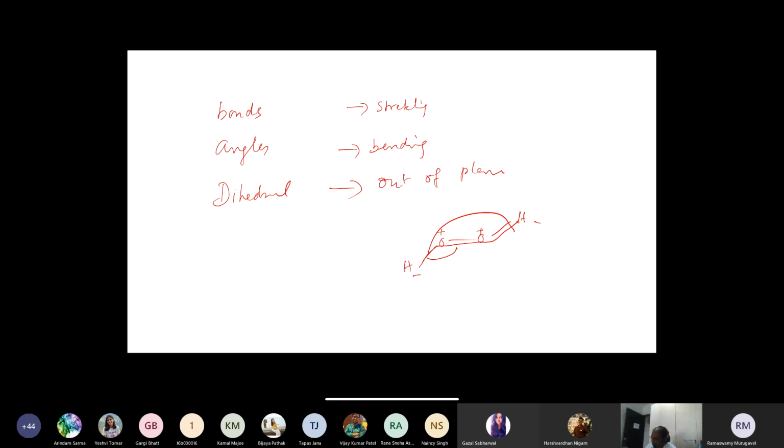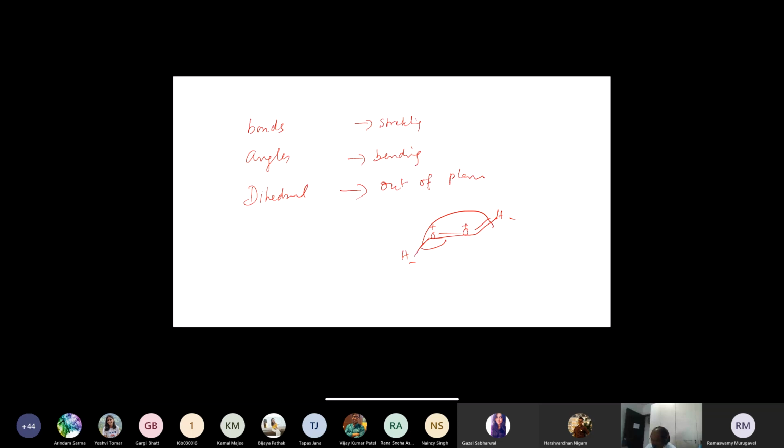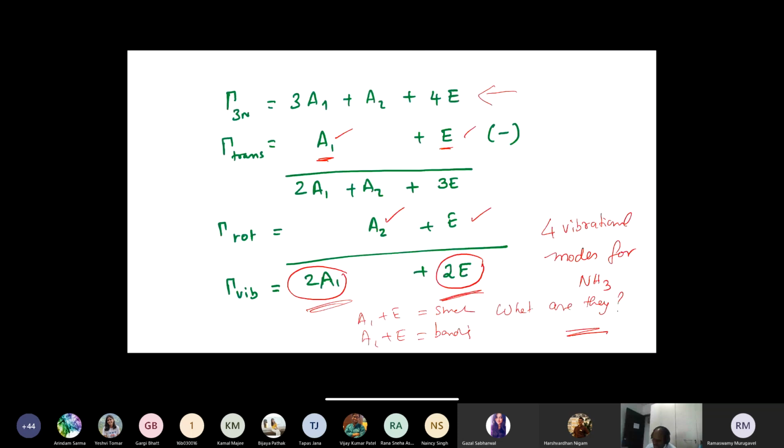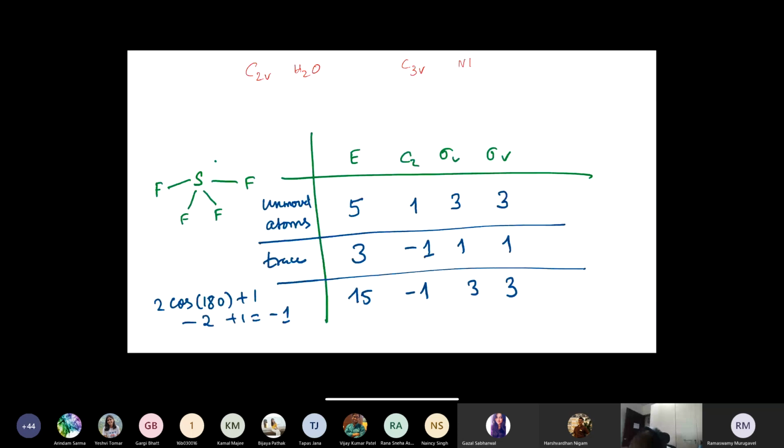So what I want you to do at home is to go back and look at some others. I only worked with two molecules today. One is C2V, water, and one molecule is C3V, which is ammonia.